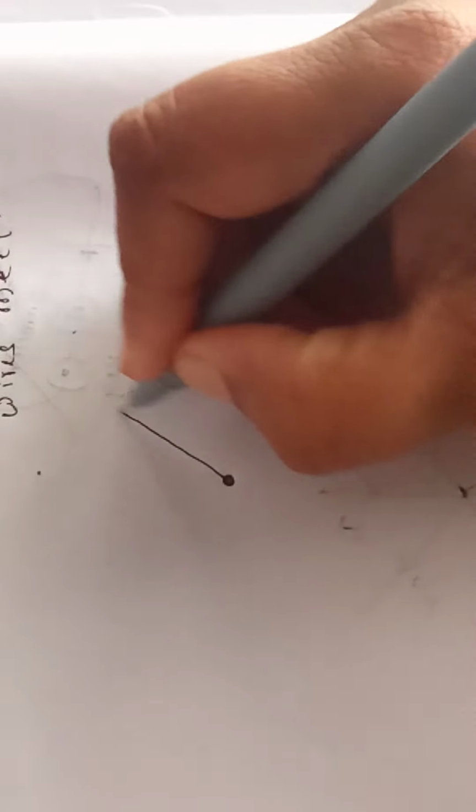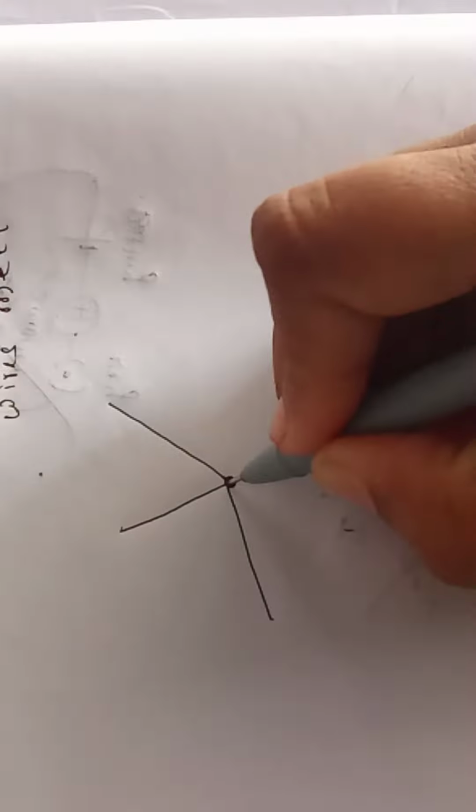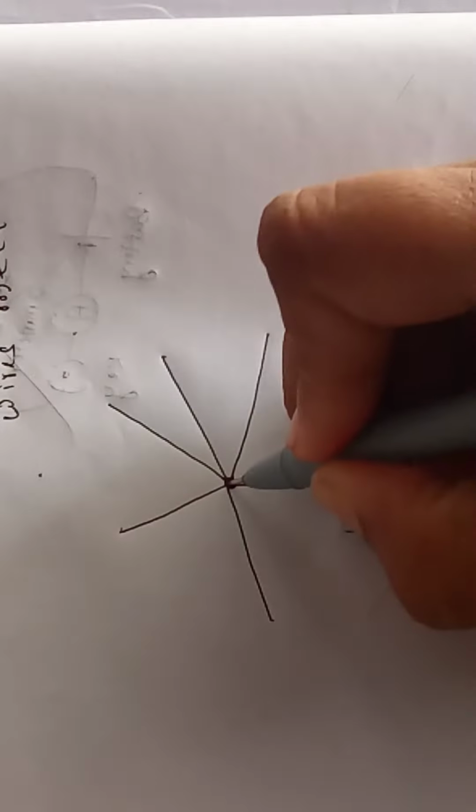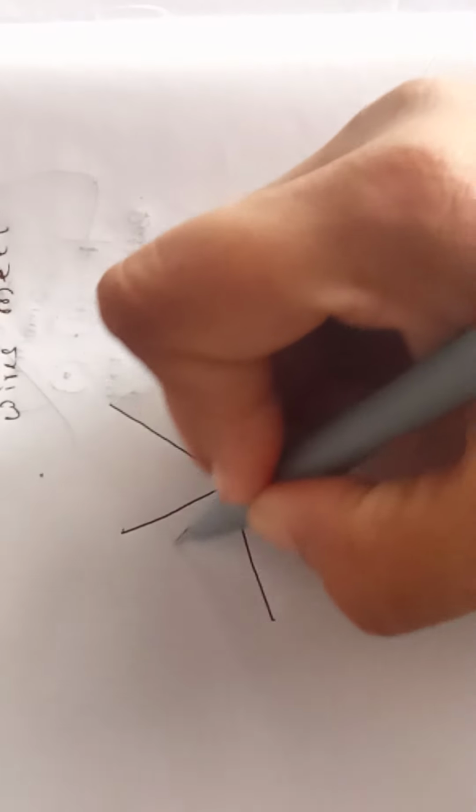Okay, now here I am taking a junction. Now let these be some currents flowing towards the junction and away from the junction, right?